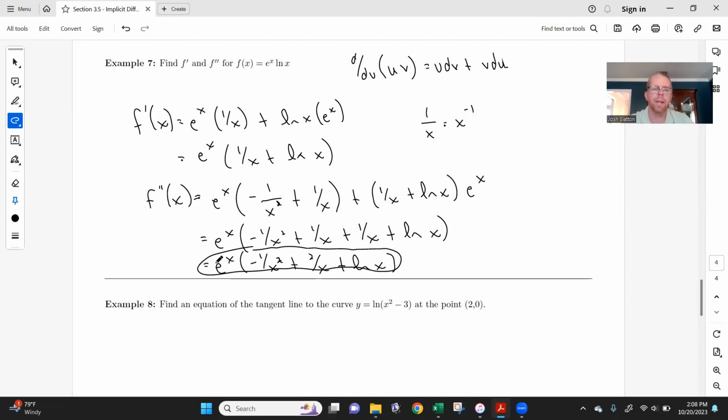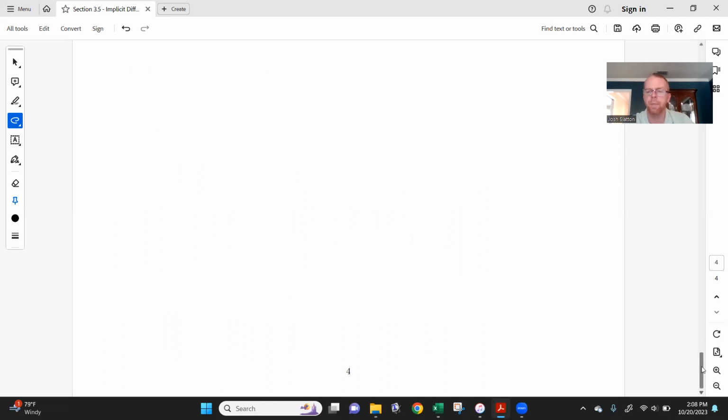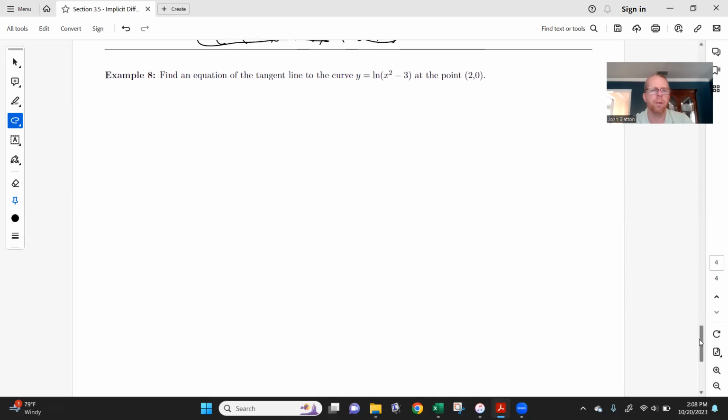All right, and then the last thing is we're going to find the tangent line. This is not super complicated. The most important thing to remember is what you need with the tangent line. A tangent line is just the y equals mx plus b linear equation.